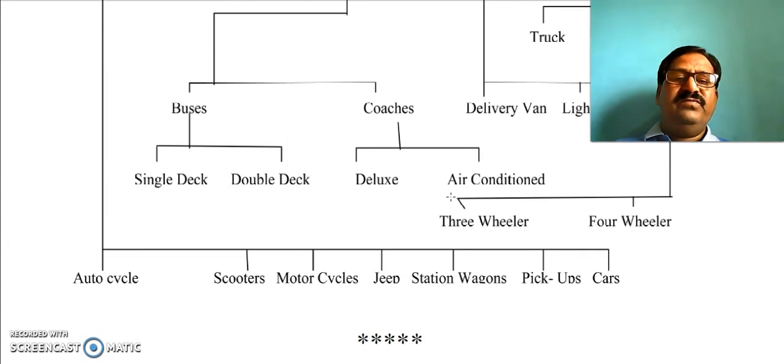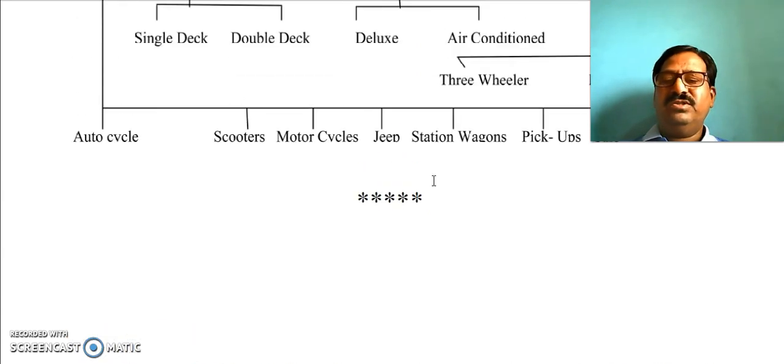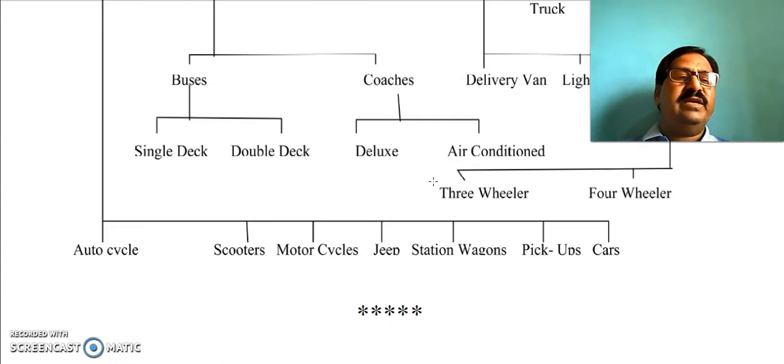So the classification is given here, and with the help of this classification you can write a narrative prose. So it's all about the tree diagram, how it can be presented and how it is useful to understand the information in a very brief way.